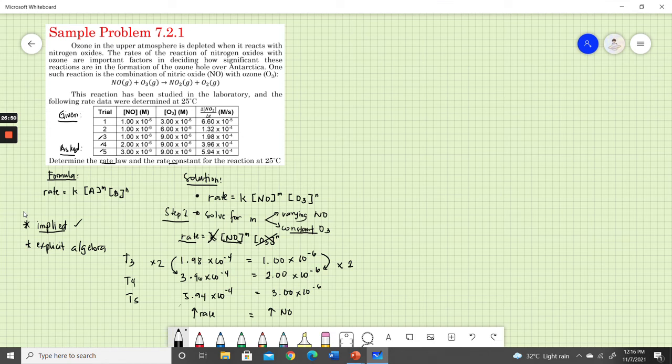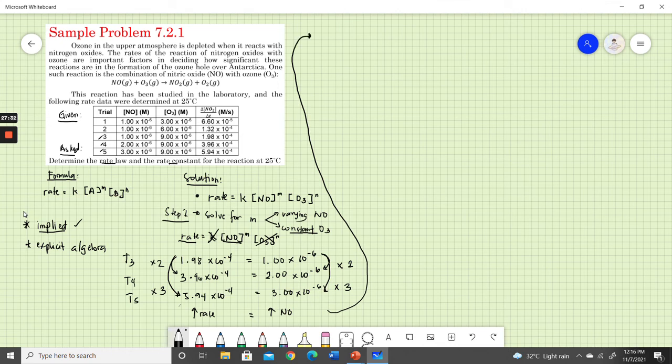So let's look at this. From trial 3 to trial 5, I tripled my concentration. If you look at the rate, nag-triple din yung rate. So, kumbaga, meron siyang 1:1 ratio. This type of relationship, kung mapapansin mo, is a direct proportional relationship.